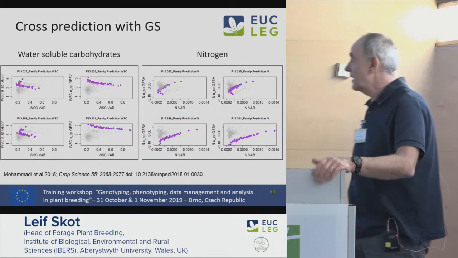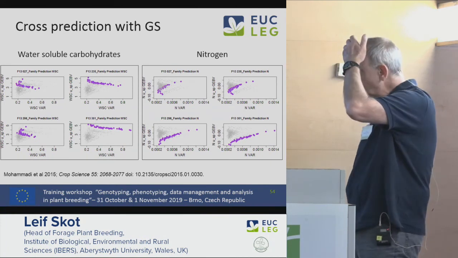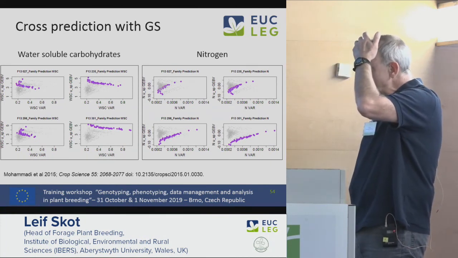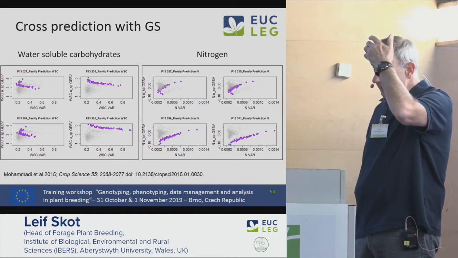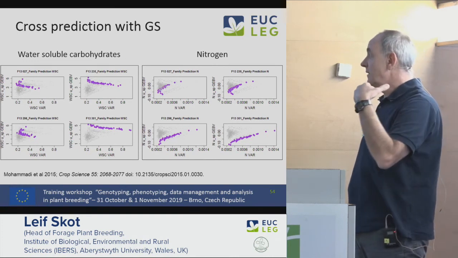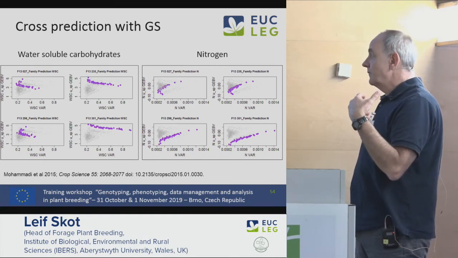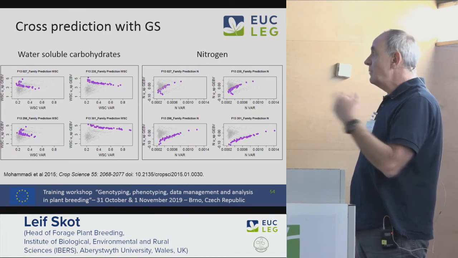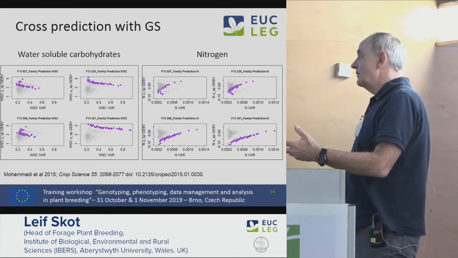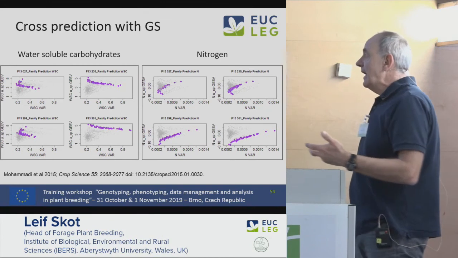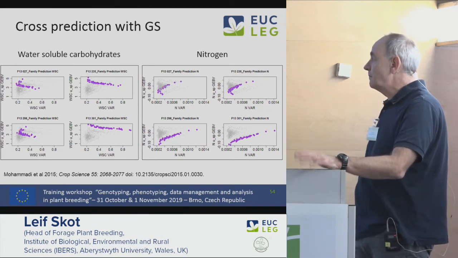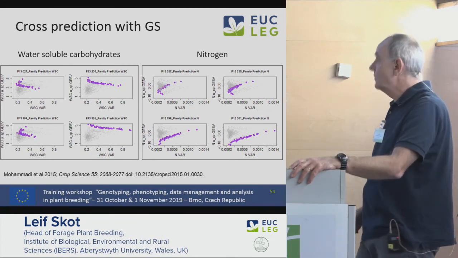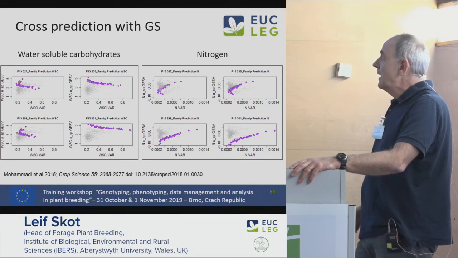And this is an example of where we have used a program that predicts the variance and the mean, or the variance and the mean superior progeny value, was the word I was looking for.